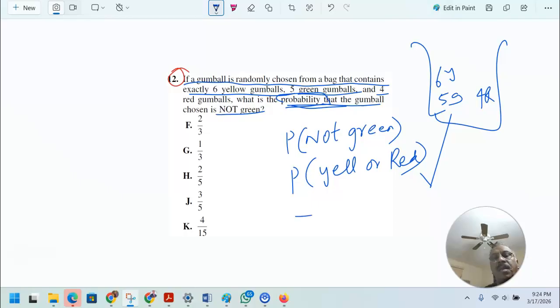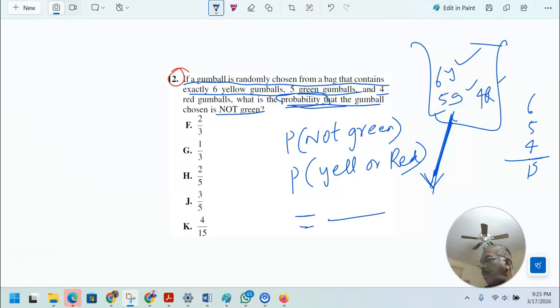So what is the probability? Basically, it's the ratio out of all possible outcomes. When you pick a gumball, it could be any of these 6, 5, and 4. So 6, 5, 4 together add up to 15. So the bottom piece will be 15. Out of 15, you are picking either yellow or red.